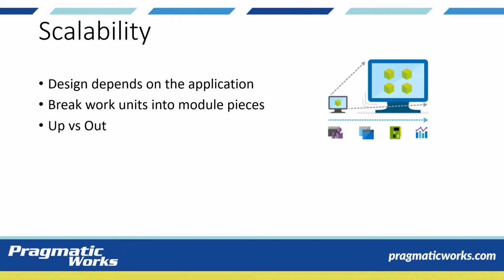In general, scaling up means for a dedicated resource, you're giving it more processing power, more RAM, more I/O, whereas scaling out is you are creating more of a server resource to process your applications. In our case, we are going to be scaling mostly out with Azure Functions, but something like a database server, for instance, you could scale up to handle more I/O, but you can also scale out with Azure to do something like database sharding, so that with Elastic DB, you can spread the load across multiple databases.